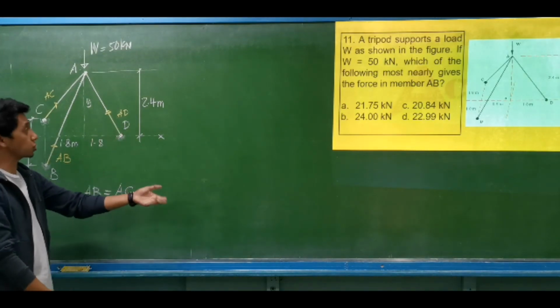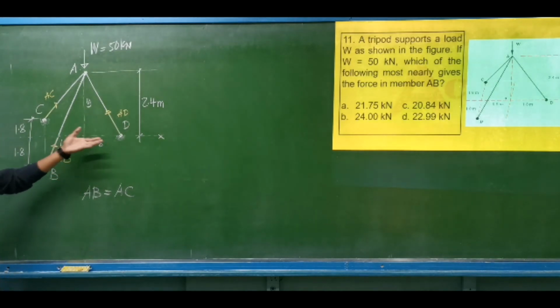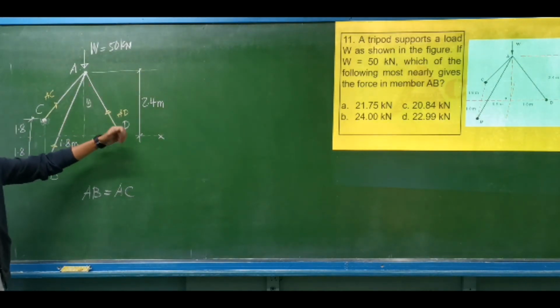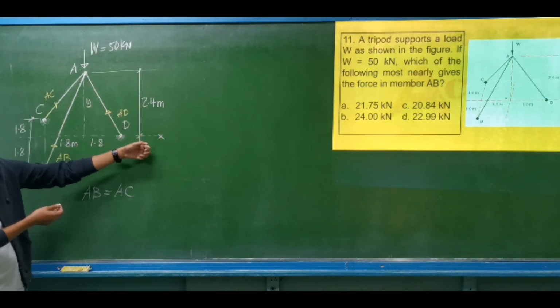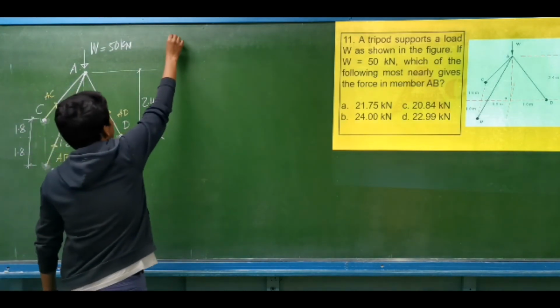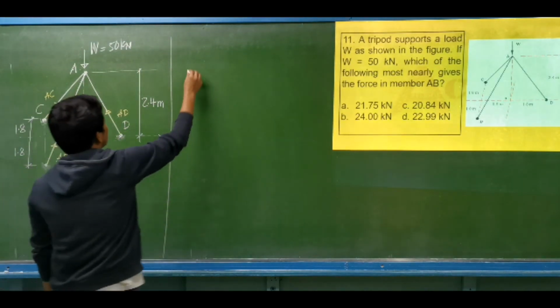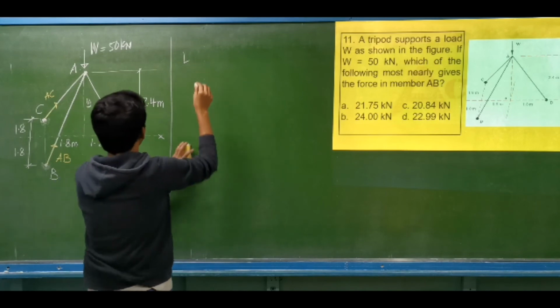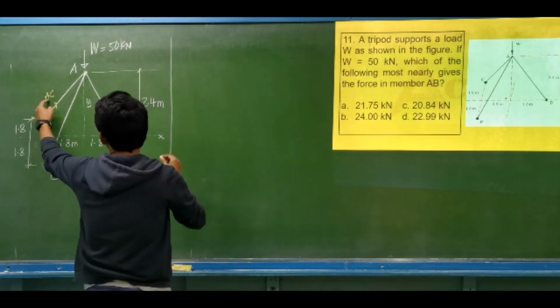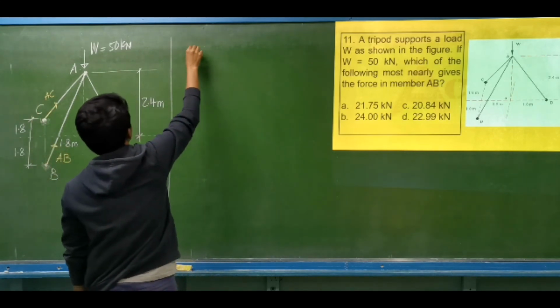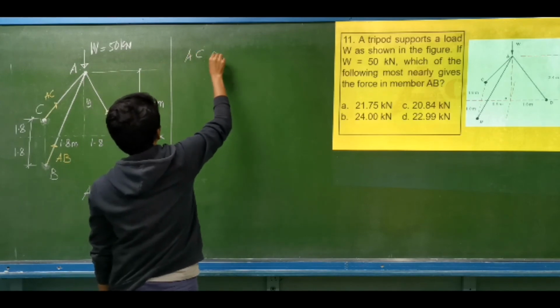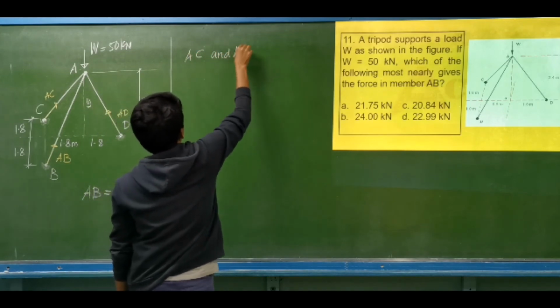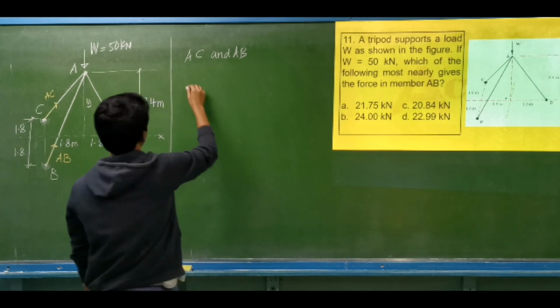So let us use the slopes. The slopes are the dimensions for the summation for the equation of equilibrium needed later. So let us determine the lengths. We have AC is the same as AB, so these two members are identical.